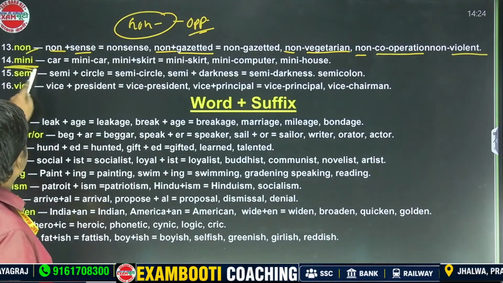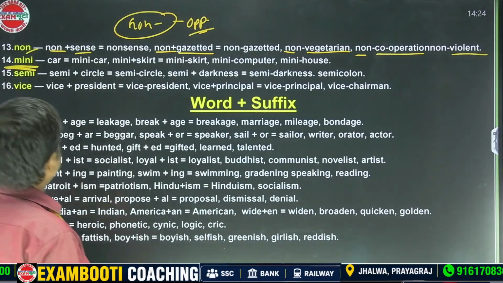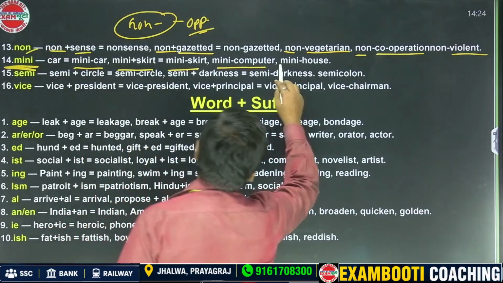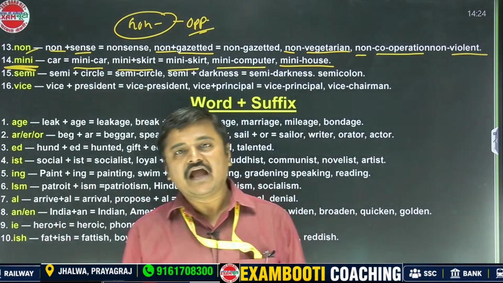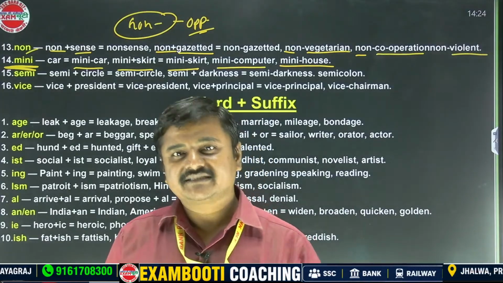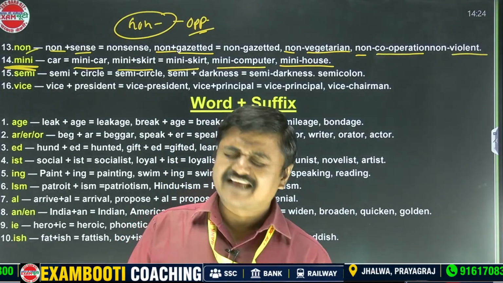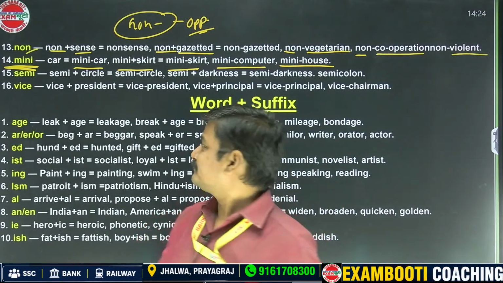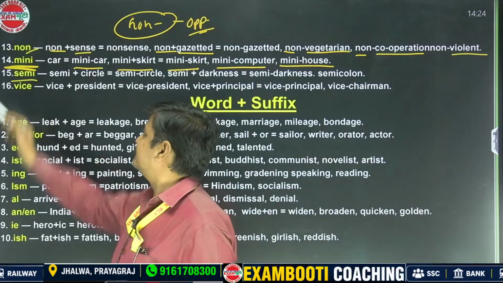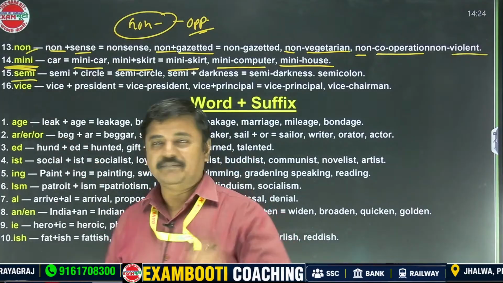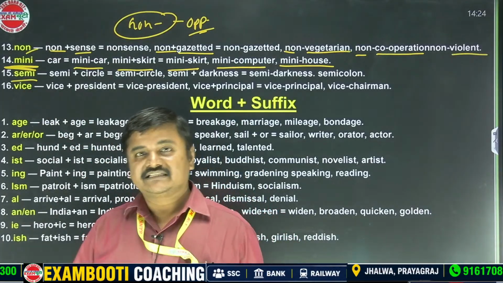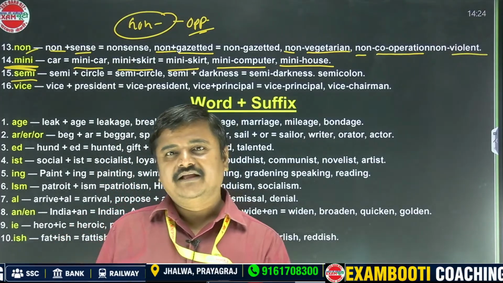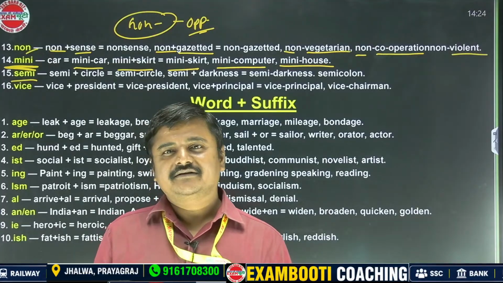Mini. Mini car, mini skirt, mini computer, mini house. You have to just make the things smaller. Just add mini, and things will be smaller. Semi. When you add semi, it becomes half. Semi means half. When you want just half of anything, add semi.